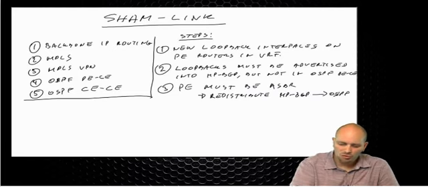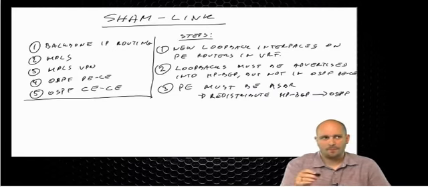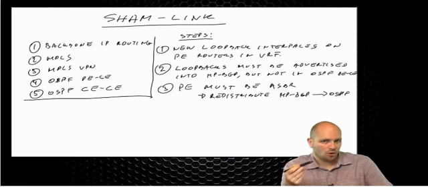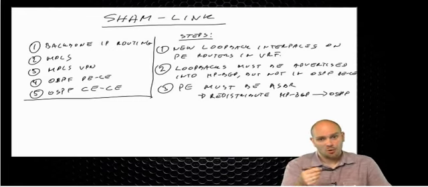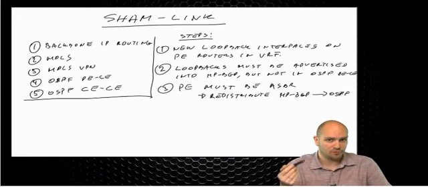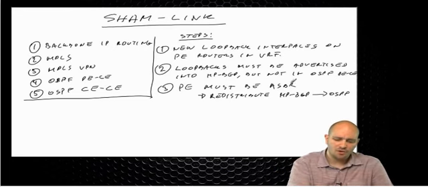Now, if you don't do this step, the OSPF process on the PE device will not even attempt to form a sham link. So it's very, very crucial that PE is considered to be an ASBR.